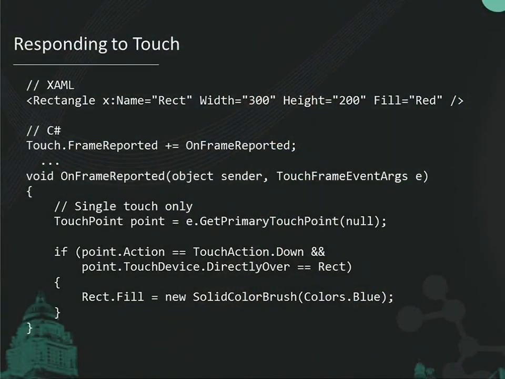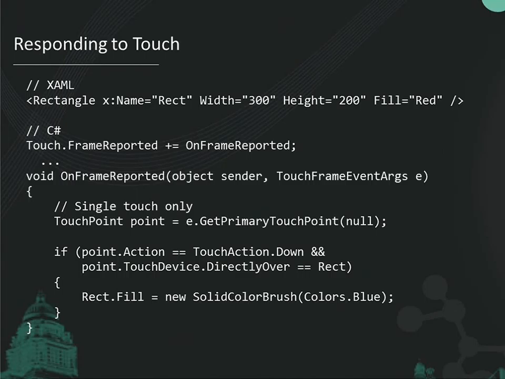In XAML, individual objects fire mouse events. So I can put a XAML rectangle on a screen, I can register a mouse left button down handler for it, and then I don't have to do any hit testing because that event only fires from that rectangle when that rectangle is touched. In the event handler, I inherently know where the event came from.